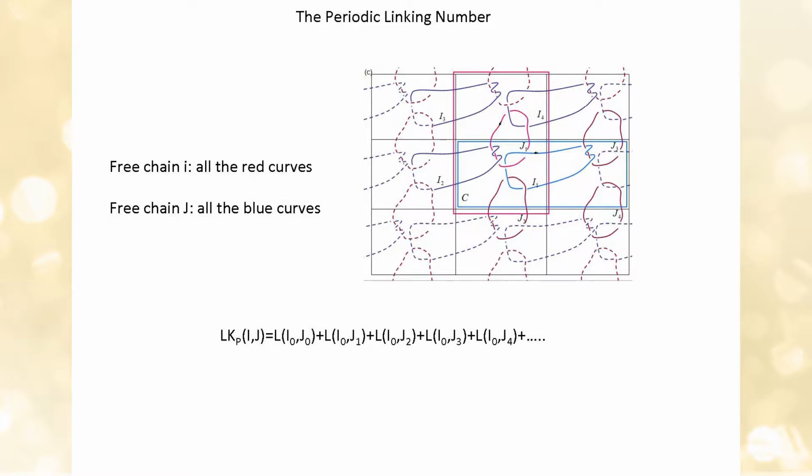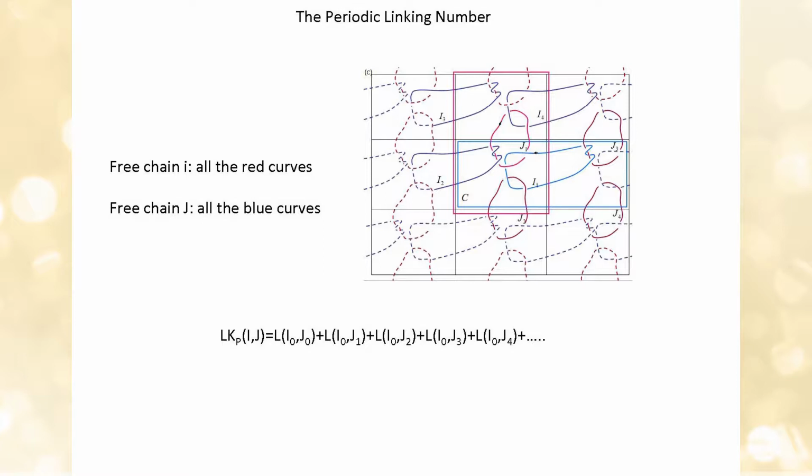However, we prove with a lot of work that the periodic linking number converges. So this is an infinite sum in those cases, but it converges. We also give upper bounds for it, and we show it is a continuous function of the chain coordinates. This is also a symmetric measure. It doesn't matter if I unfold one image of the blue curve and take all the linking with the red curves.